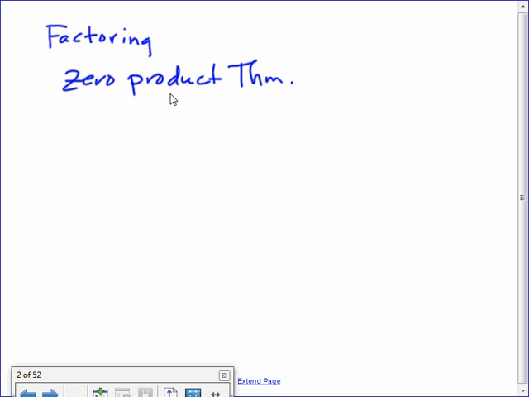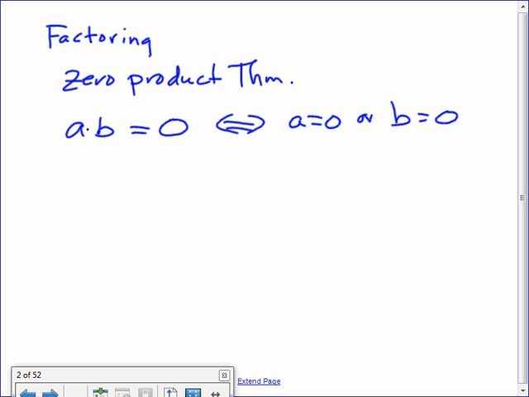Now, the zero product theorem says if you have a product, A times B, maybe times C, that's equal to 0, the only way that can be true is if either A is 0 or B is 0, or actually both of them 0. There is no way to multiply two non-zero numbers together and to get 0.